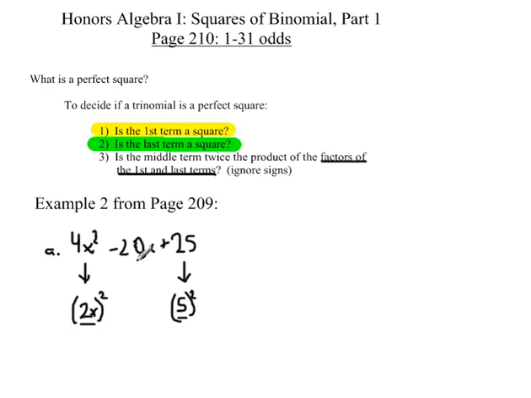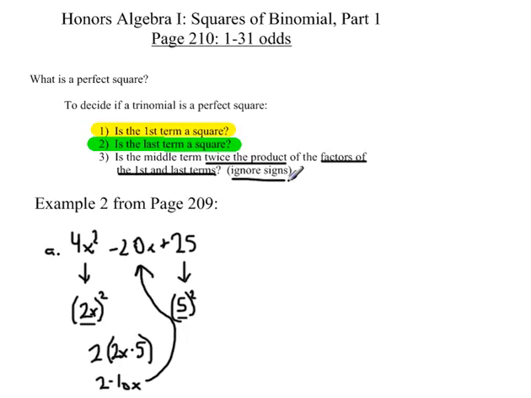So to determine if this is considered a perfect square, you've got to take twice the product, 2 times 2x times 5. So multiply 2x times 5 and you get 10x. And when you take 2 times that, then you are going to get 20x.